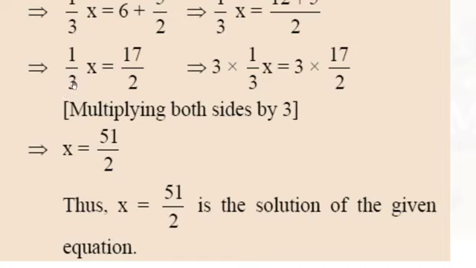How can we remove by 3? Into 3 on both sides. 3 3 cancel. 1 into x, x. 3 17 times 51. So x equals 51 by 2 is the solution of the given equation.